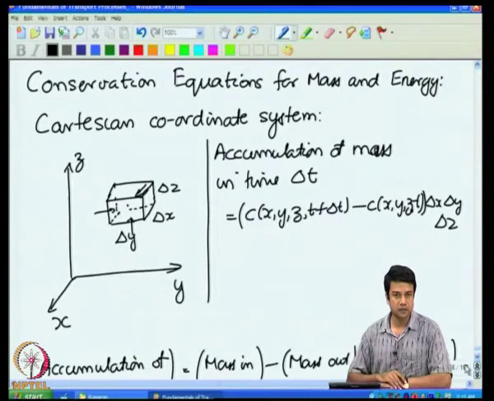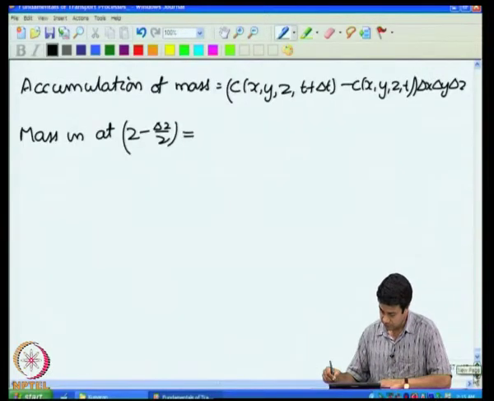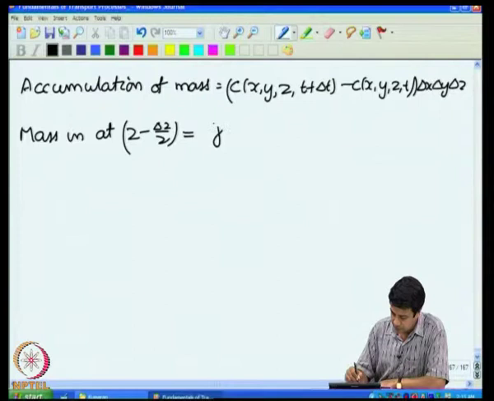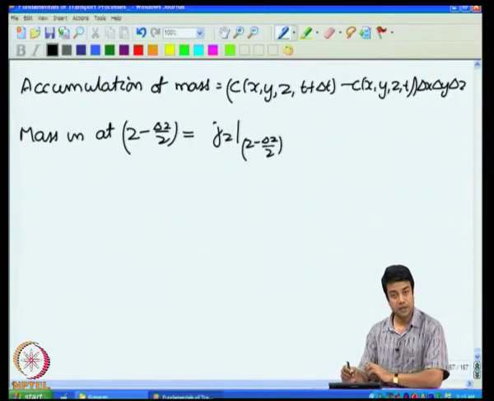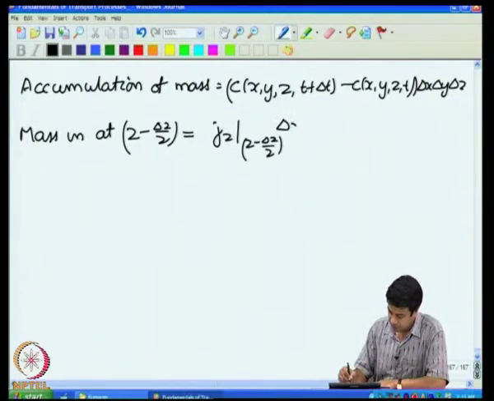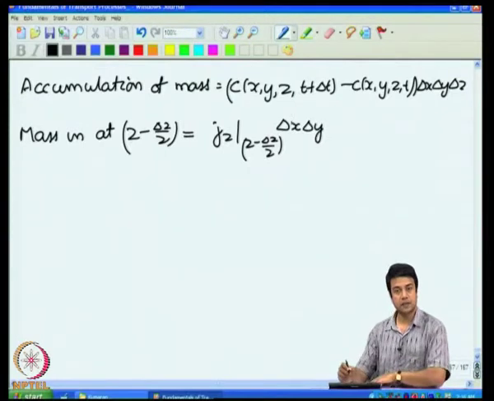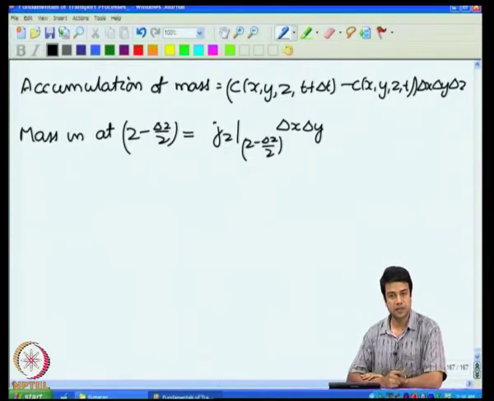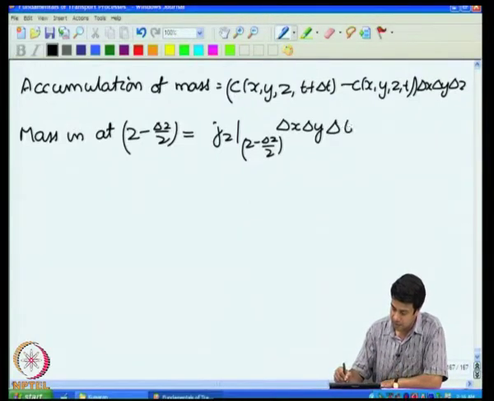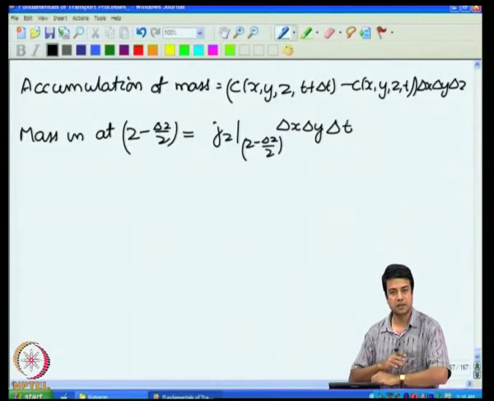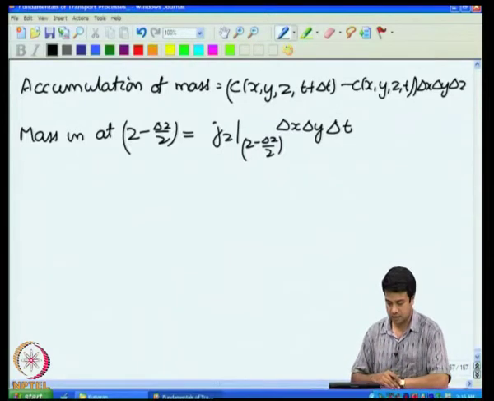So, the flux perpendicular to the surface at the bottom surface is the flux in the z direction, J z. Therefore, the flux in is equal to J z at z minus delta z by 2, times the area delta x times delta y, which is the area of the bottom surface because the bottom surface has length delta x and delta y, times the time, which is delta t, the time interval over which we are finding out the mass in.